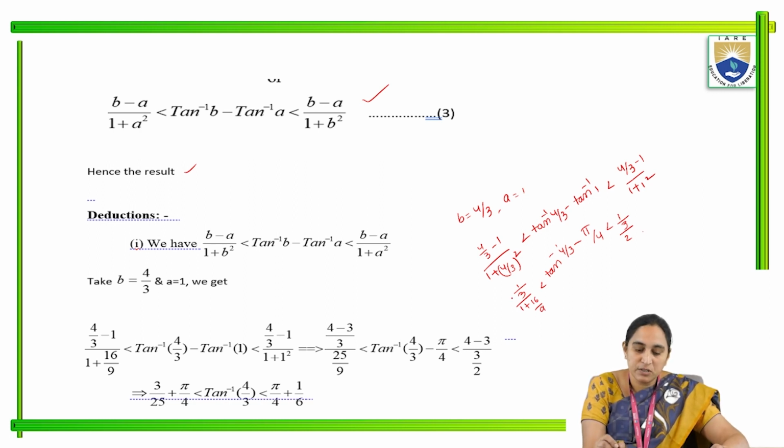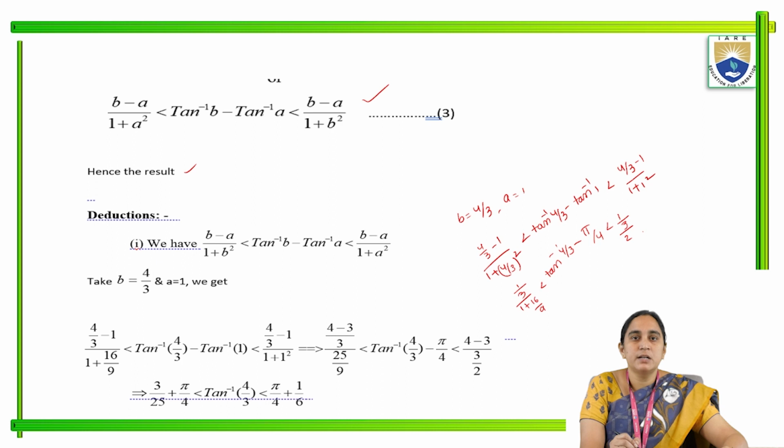After the simplification we get 3 by 25 and minus pi by 4. I'll take it on both sides. If you take minus pi by 4 on both sides, it will be plus. That means 3 by 25 plus pi by 4 less than tan inverse 4 by 3 less than pi by 4 plus 1 by 6.